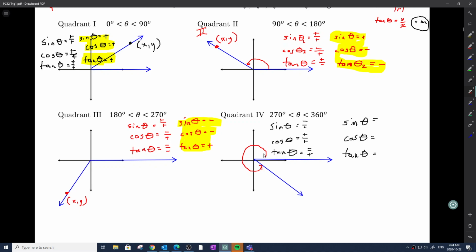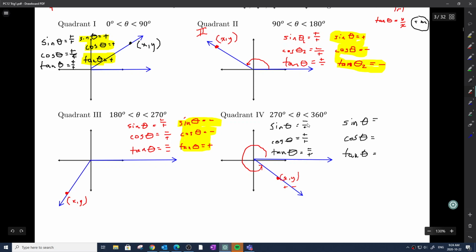Regardless, for any angle in quadrant 4, my x-coordinate is going to be positive, and my y-coordinate is negative for all points in quadrant number 4. So no matter what angle you're dealing with, this will be true.